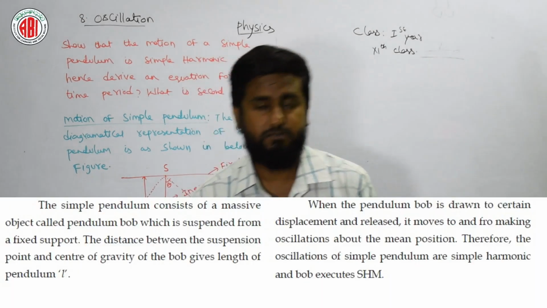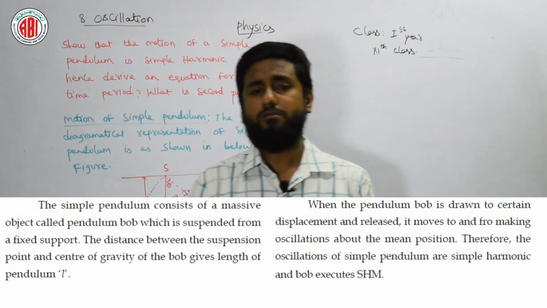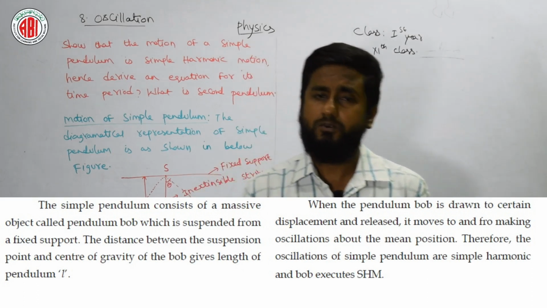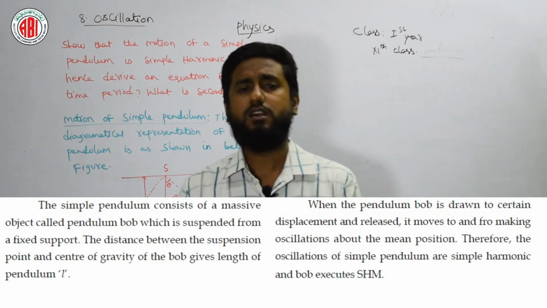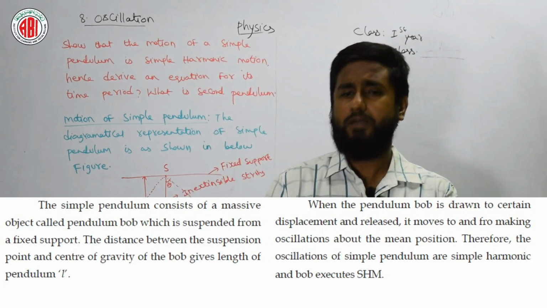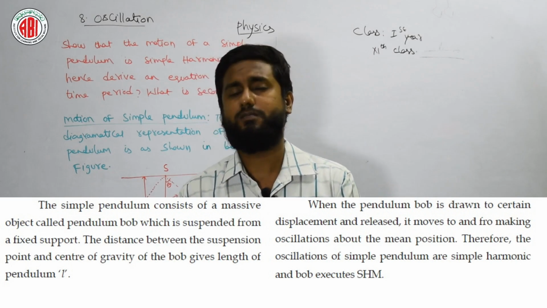Next theory part: when the pendulum bob is drawn to a certain displacement and released, it moves to and fro, making oscillations about the mean position. Therefore the oscillations of a simple pendulum are simple harmonic, and the bob executes simple harmonic motion.